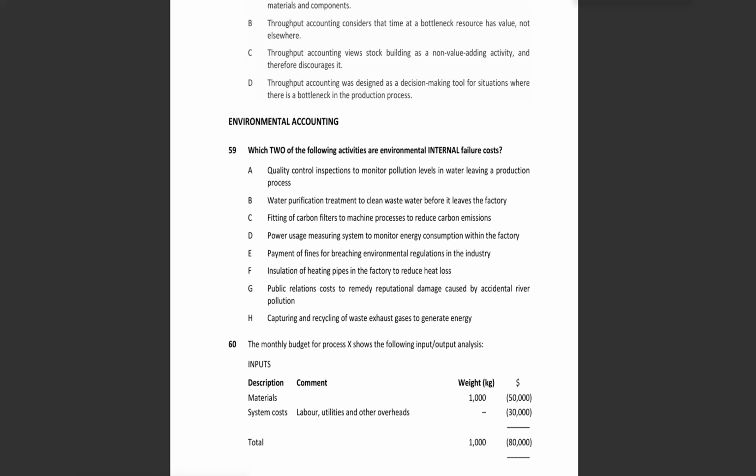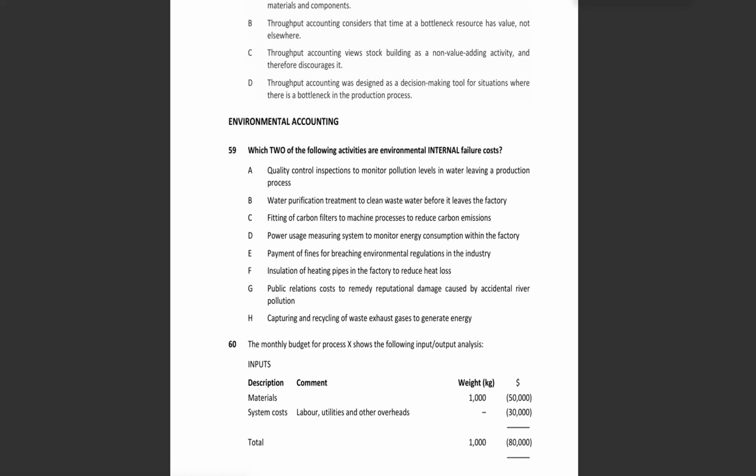Now, the first option is quality control inspection to monitor pollution level in the water leaving a production process. Just identify by yourself which kind of cost it would be, because it is very important in MCQs. It is very important to identify the right answer, and also to know why the other options are incorrect. So if A is correct, why?